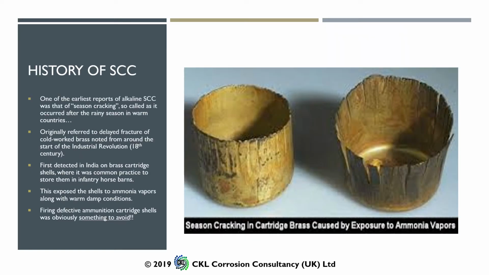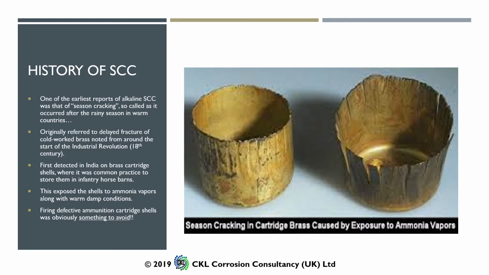So one of the earliest reports of stress corrosion cracking in the world was a form of what's called alkaline stress cracking, because it occurred in an alkaline environment, we now know, but it was at the time given the name of season cracking.